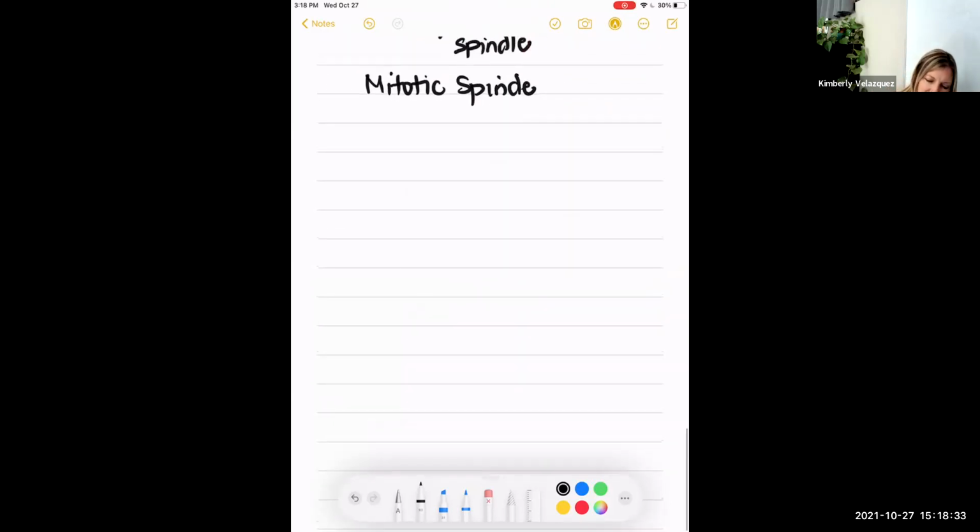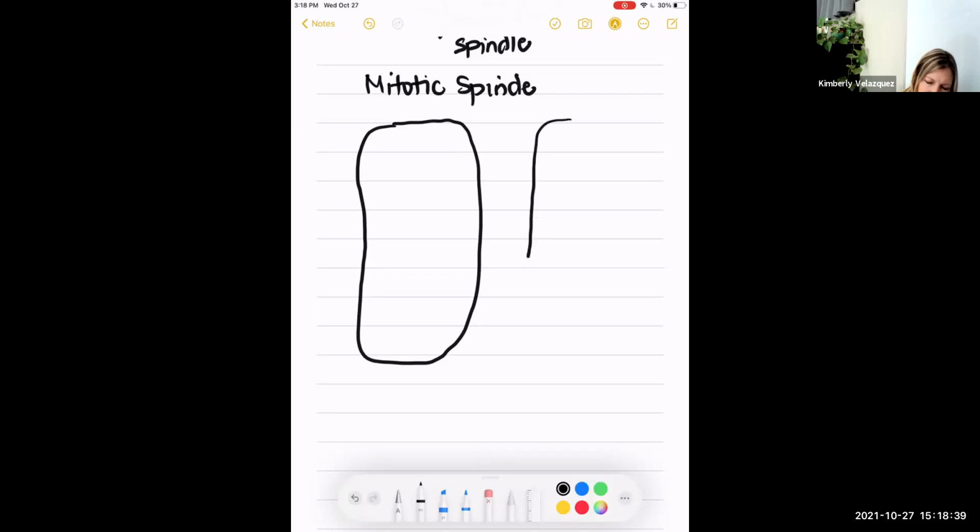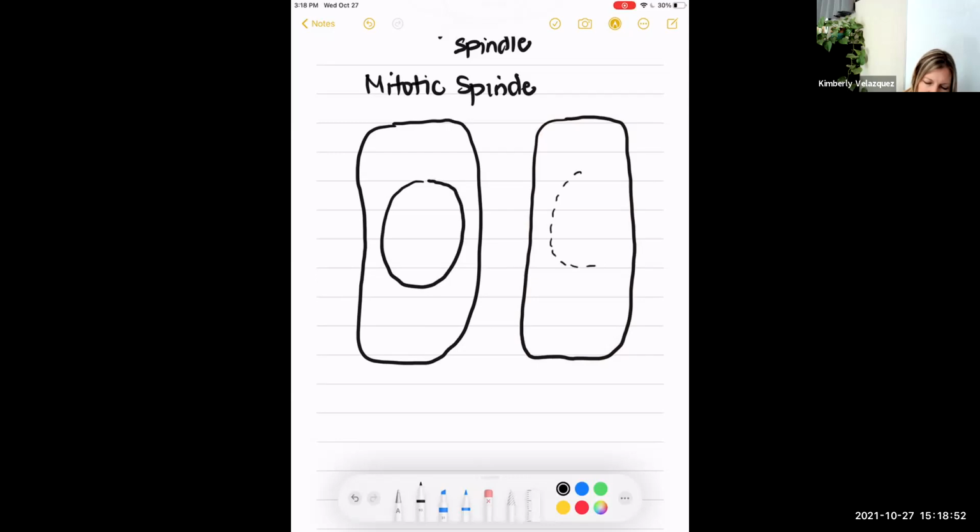So let me show you two examples of what I'm talking about. These are the last two terms I'm going to give you until I start telling the story. And then, of course, I'll have more terms. Two different times in the cell cycle.